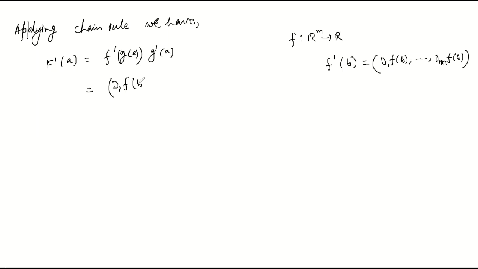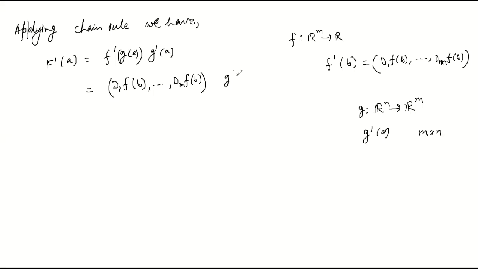So we have f prime of g of A equal to this, d1 f at b up to dm f at b, and g is a function from R^n to R^m, so g prime of A is a matrix of order m cross n.